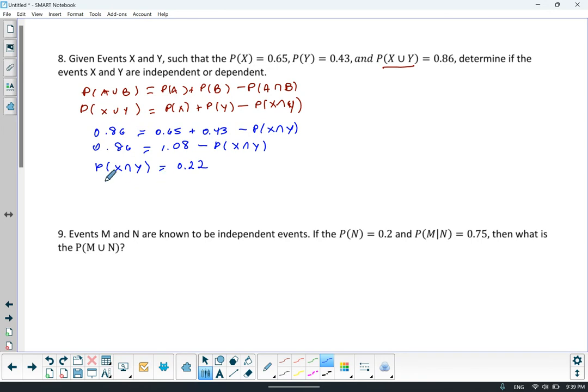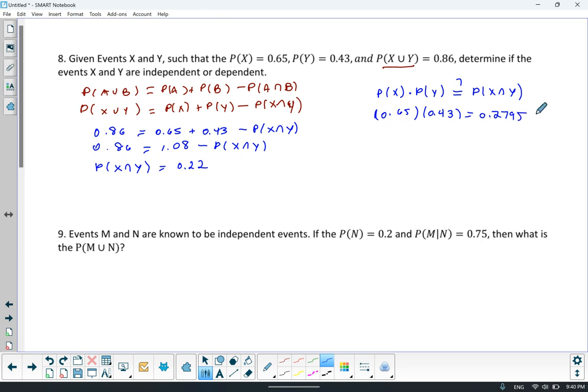Well, I now know the joint probability, and I already have probability of x and probability of y. So I'm going to use this rule in order to establish independence. So that's going to be 0.65 times 0.43, and I get 0.2795.